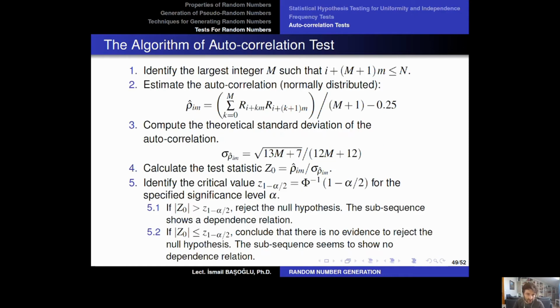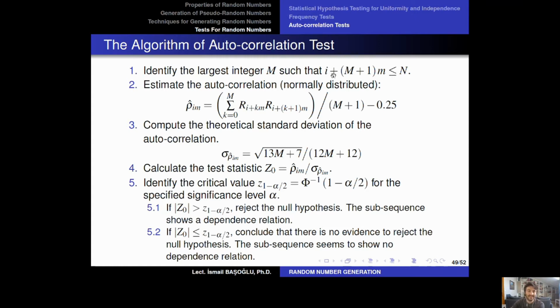Now, we need to teach how this autocorrelation test is going to be performed. These are the steps that we need to follow if we want to apply the autocorrelation test for any subsequence starting from the ith index and moving m steps ahead. It says identify the largest integer m such that i plus (m plus 1) times m is less than or equal to n.